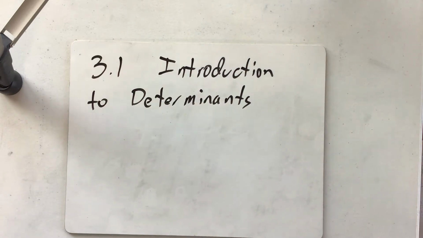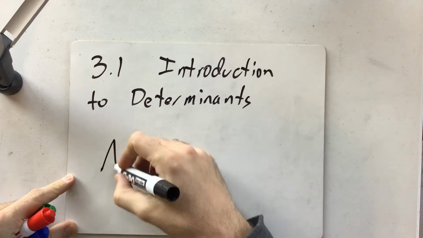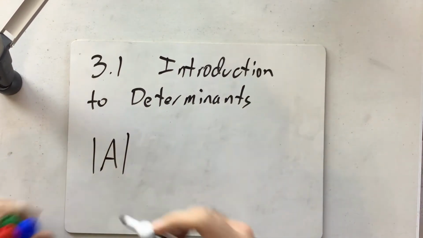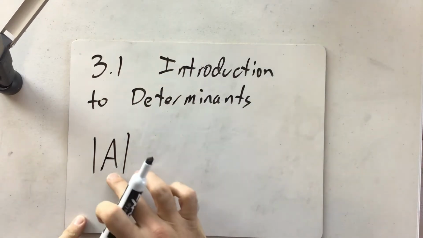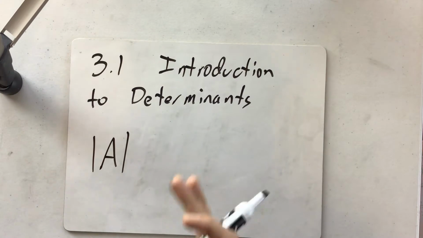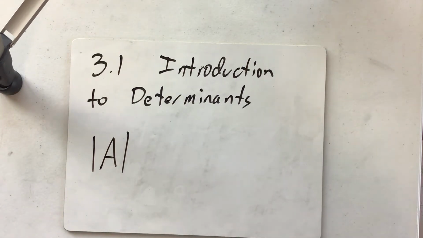Okay, so that being said, let's talk a little bit about determinants. When we have a matrix A, the notation we're going to use to describe the determinant is a little absolute value bars on here. It's not absolute value, it's determinant, but when we put those bars on a matrix, we actually mean determinant. It's not magical that they're the same type of notation, because in some ways absolute value is a measure of the size of a number.